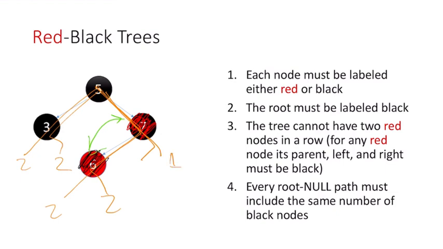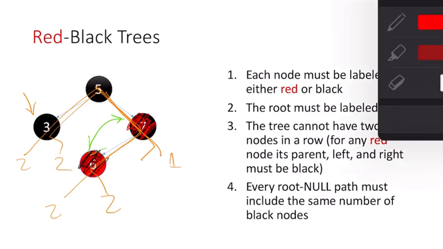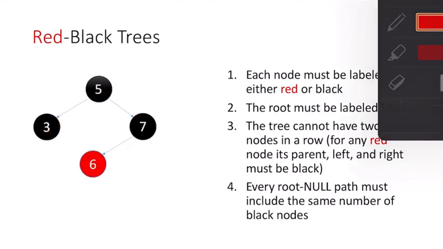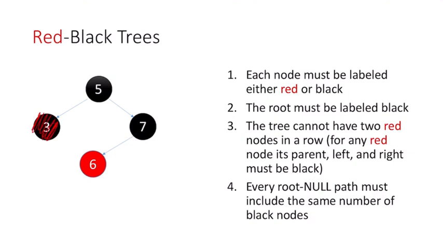And we certainly can't color this one to be red. So if we colored that one red, that means there can only ever be one black node on any path, which means we'd also have to color this one red. But now we've invalidated invariant 3, that we can't have 2 red nodes in a row.